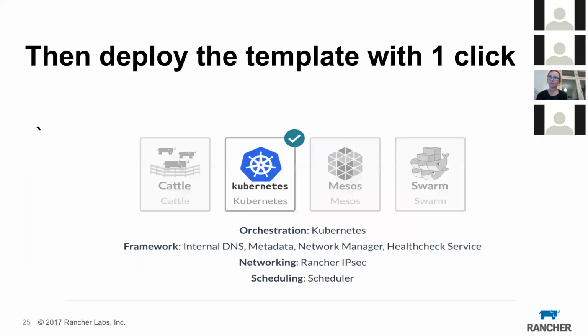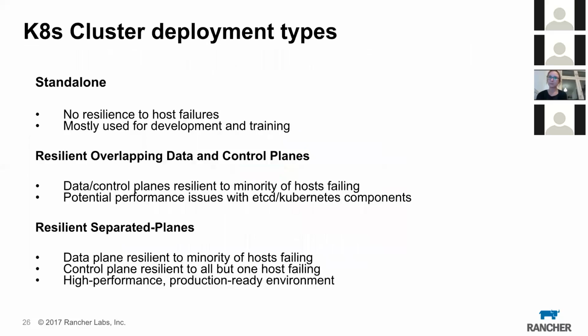And yeah, so let's have a look at the different deployment types for Kubernetes clusters in Rancher. The first one would be just a simple standalone Kubernetes cluster. What that means is that basically all the Kubernetes services like the API and kubelet are running on a single host. Of course, in that scenario, you don't have any resilience, but it's great for testing and stuff like that.